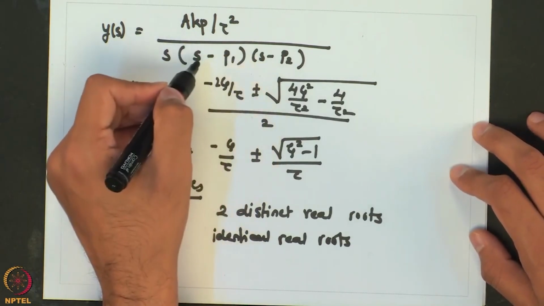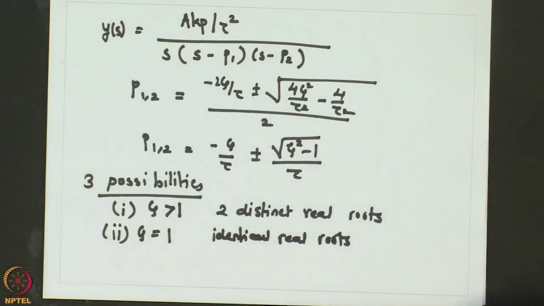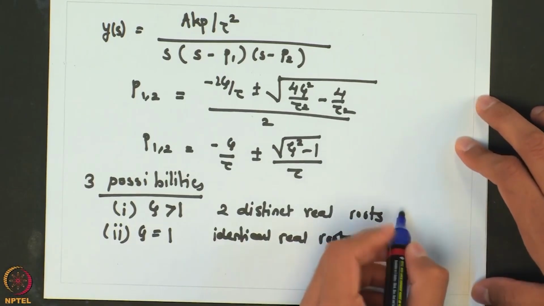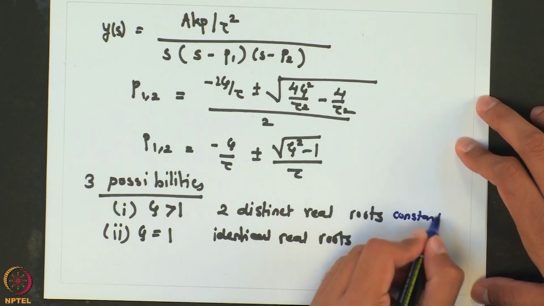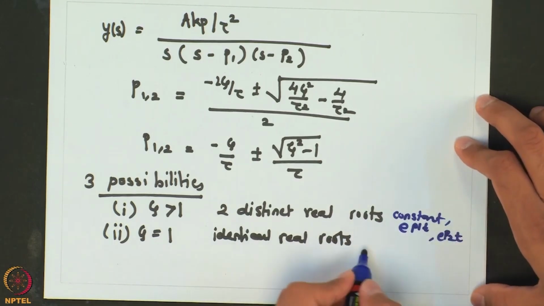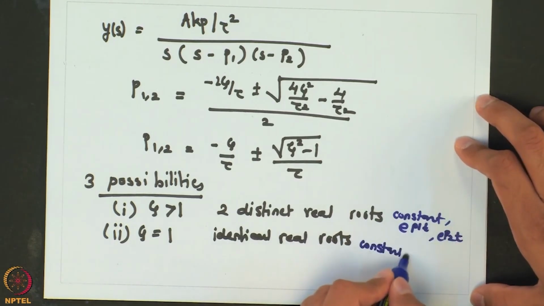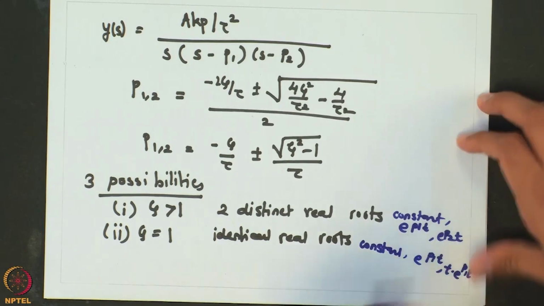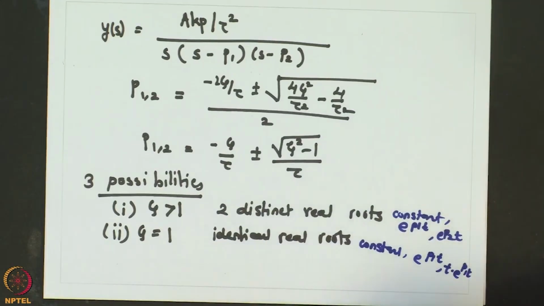So if I write down the type of responses we are going to get, here we will have a constant, e raised to p1 t and e raised to p2 t. In this case we will have a constant, e raised to p1 t and t e raised to p1 t. So these will be slightly different dynamics.